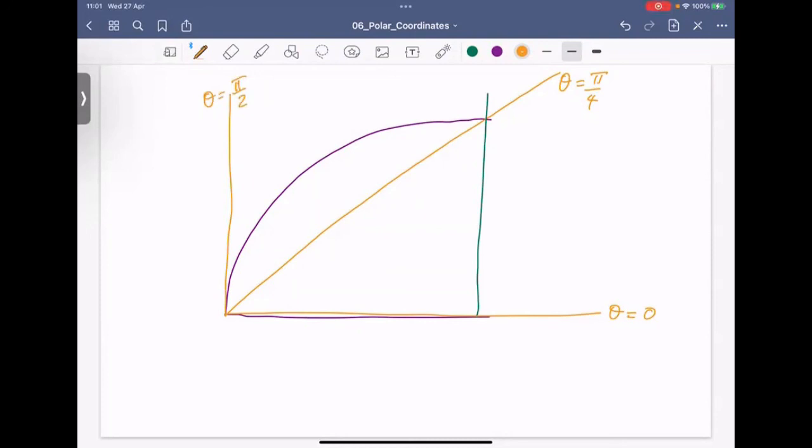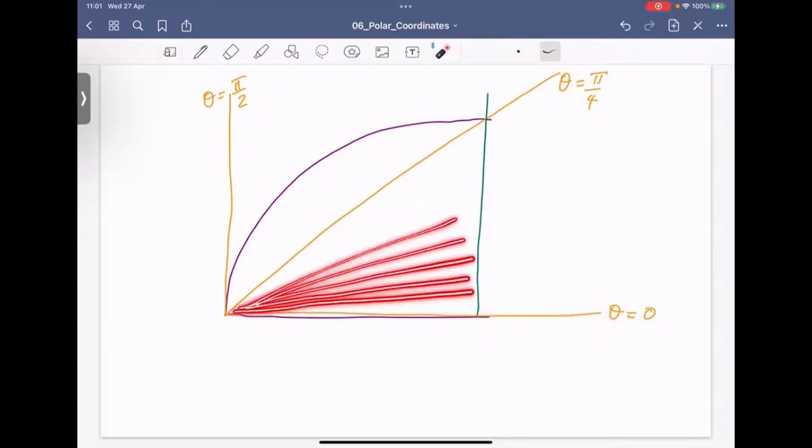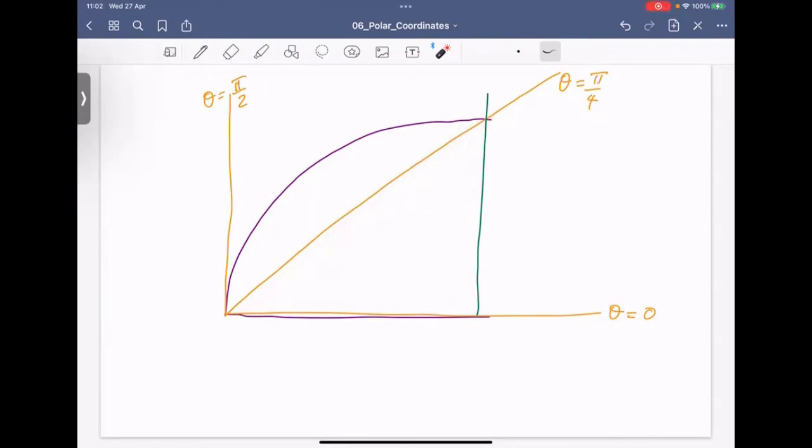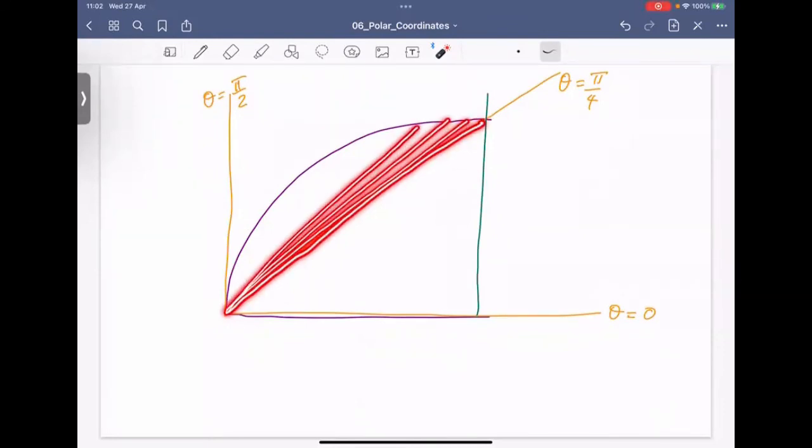You keep doing it and it keeps coming. The first piece is easy, theta to pi over 4, clear to you. But the second piece is a bit tricky because you start from pi over 4.